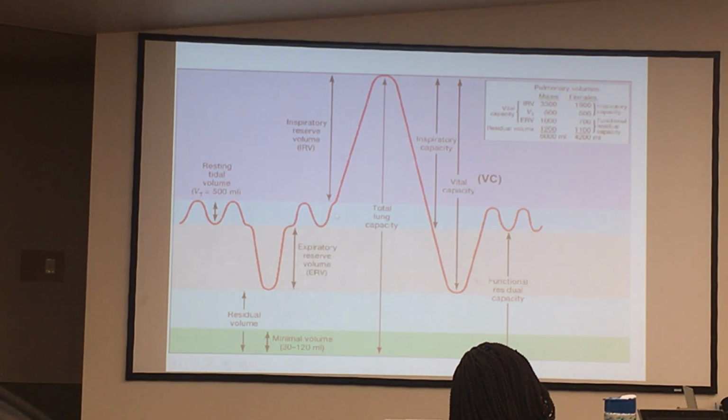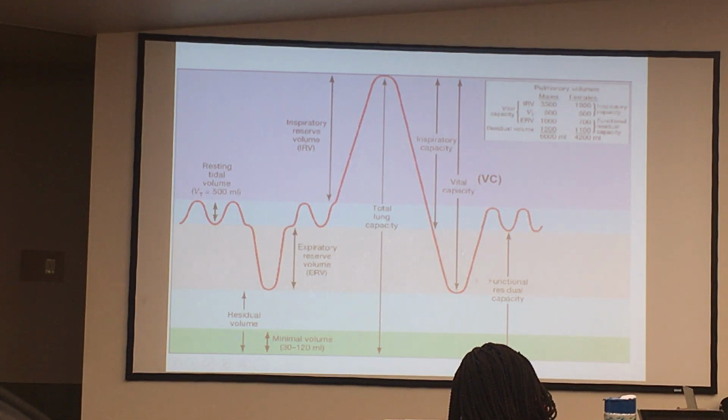And so we can do a test called VC, vital capacity. That means you take in as much air as possible, and then you push it out as much as possible. You get the air from the very top and push it all the way down.